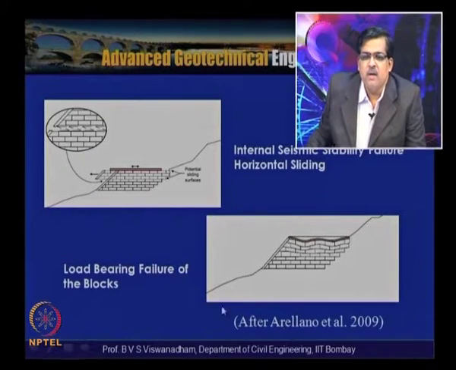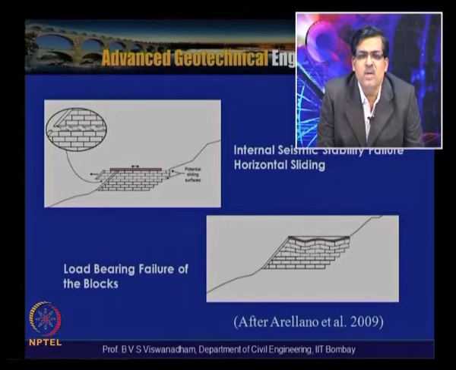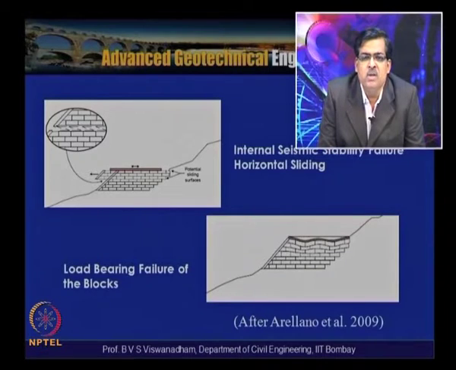And this is another type of internal failure where local bearing failure of the blocks will happen. This can be caused because the external load or stress is more than the compressive strength of the blocks, and then there is a possibility that bearing failure of the blocks can occur, which can lead to an internal stability failure as far as the EPS geofoam slope system is concerned.